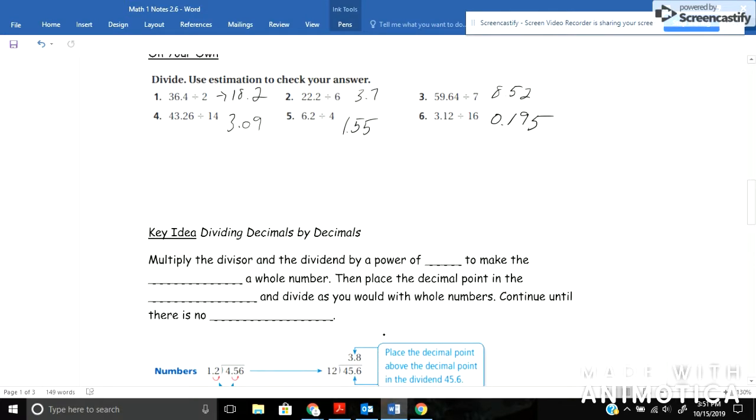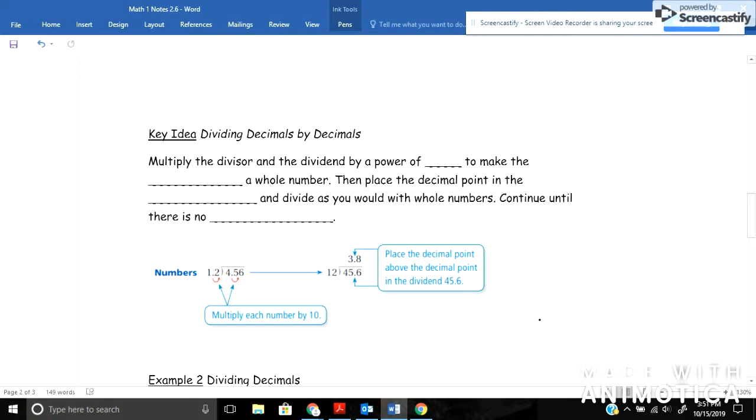Moving on then, the next key idea is, what if now we have a decimal divided by another decimal? In words, multiply the divisor and the dividend by a power of 10 to make the divisor a whole number.